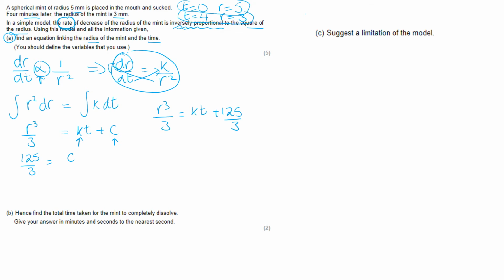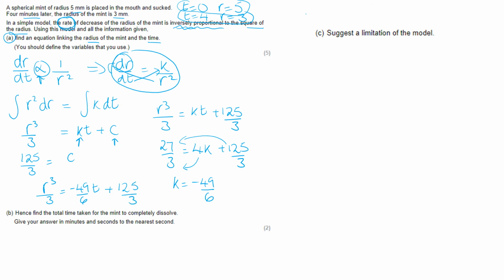When t is 4, r is 3, so 3 cubed, 27 over 3, is equal to 4k plus 125 over 3. So all we need to do is take 125 over 3 off both sides, then divide by 4, and your k comes out to be minus 49 over 6. So our equation is that r cubed over 3 is equal to minus 49 over 6 t plus 125 over 3.